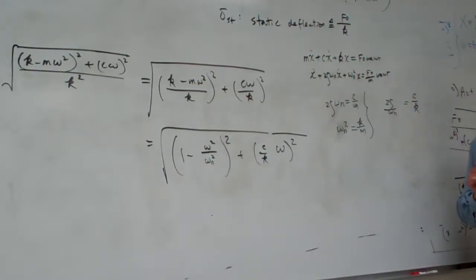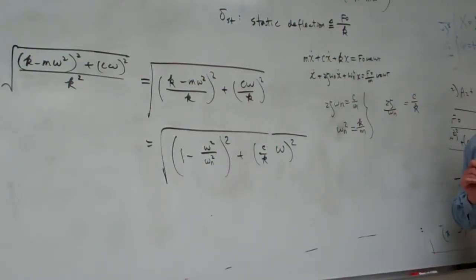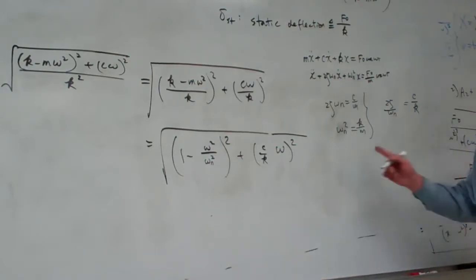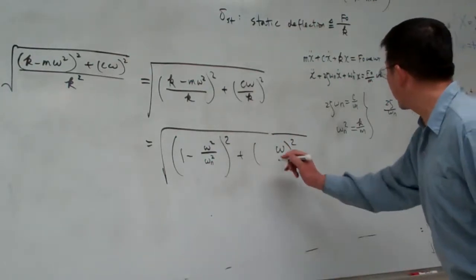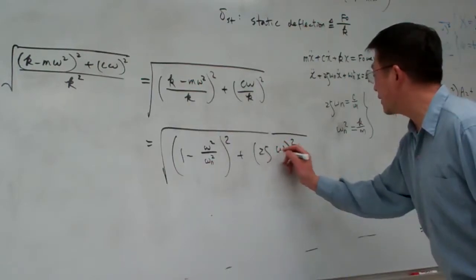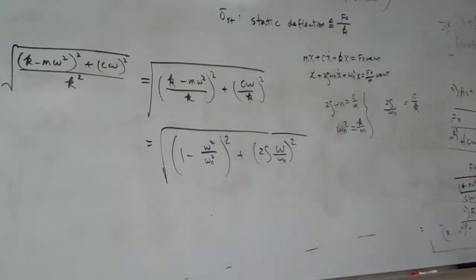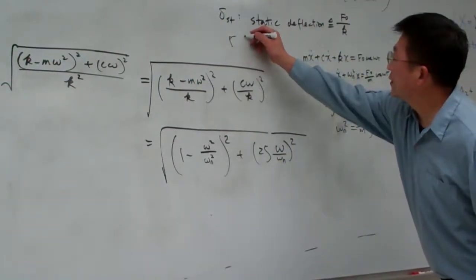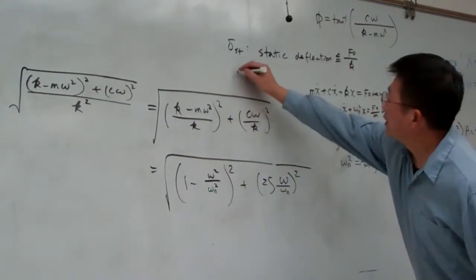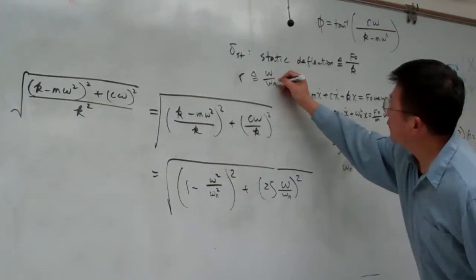Can you follow me? Good. So plug in here, that will be equal to 2 zeta over omega n. Right now we introduce r, by definition the ratio of the frequencies.